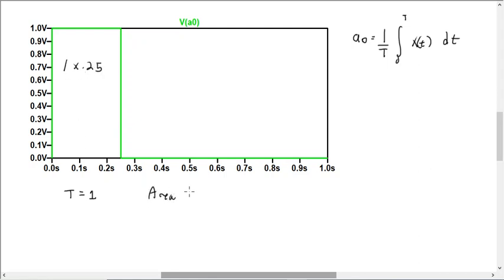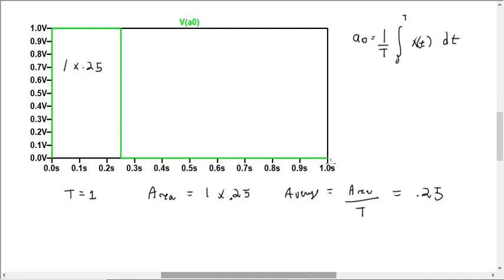So the area is 1 times 0.25, and then the average is the area divided by the period, which is 0.25. I picked a period of 1 second, so that works out.